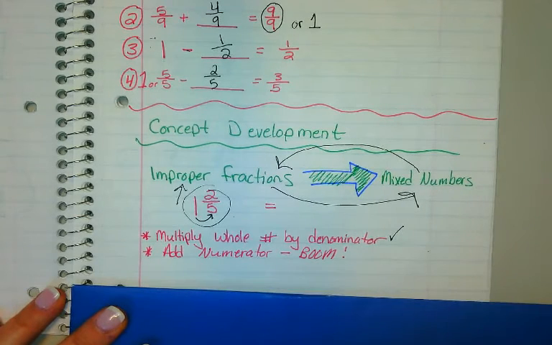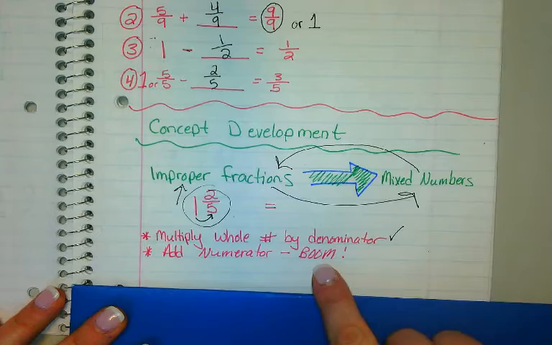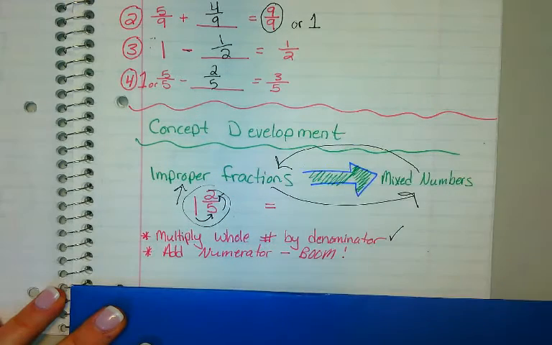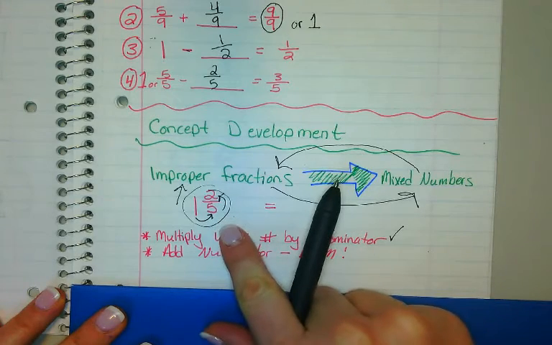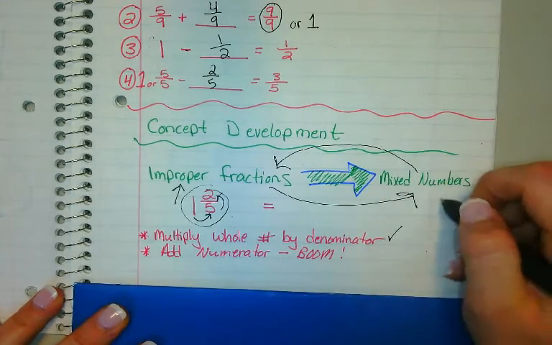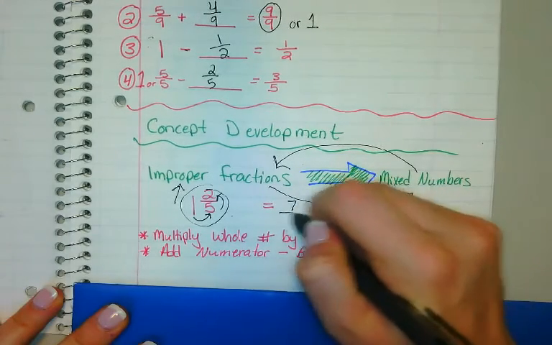Then I need to add the numerator, and then boom, I'm done. So 5 plus 2 is going to get me 7. So 1 2/5 turned into an improper fraction is just 7/5.